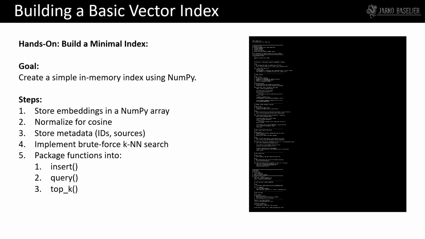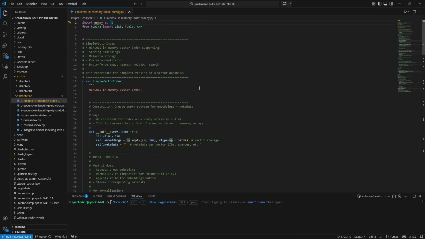And here we have a hands-on to build a minimal index example, where the goal is to create a simple in-memory index using NumPy, and we do this in different steps. We'll start by storing the embeddings in a NumPy array. Then we normalize them for cosine. We store metadata, the IDs, the sources, etc. We implement a brute force KNN search, and we package the functions into insert, query, and top K, which you will see if we look at the original code.